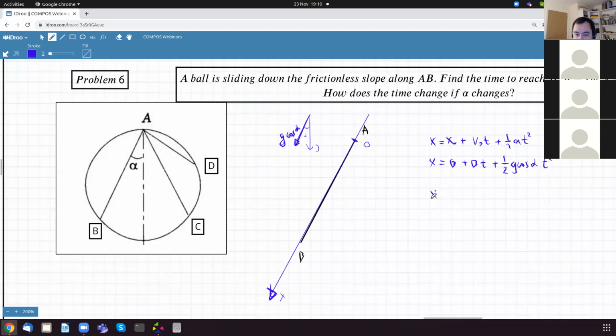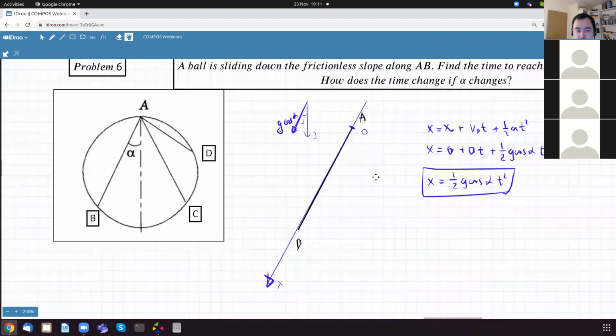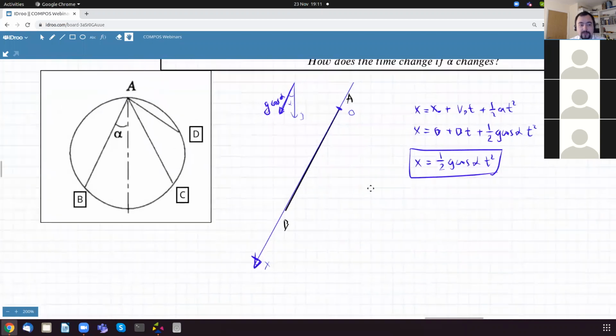So in other words, x is equal to 1/2 g cos alpha t squared. So that's the first thing that we need to establish. This is the position of the ball at any point of time. Usually we say x of t.